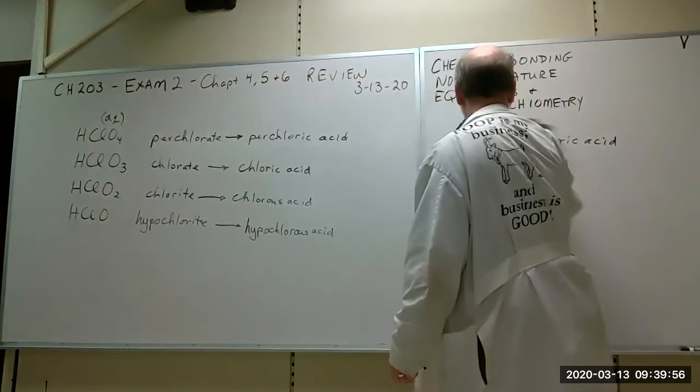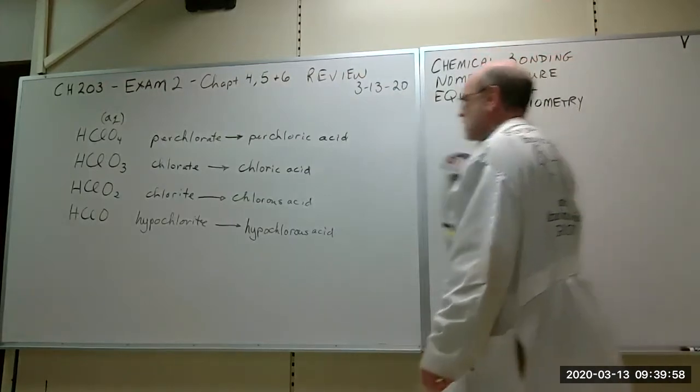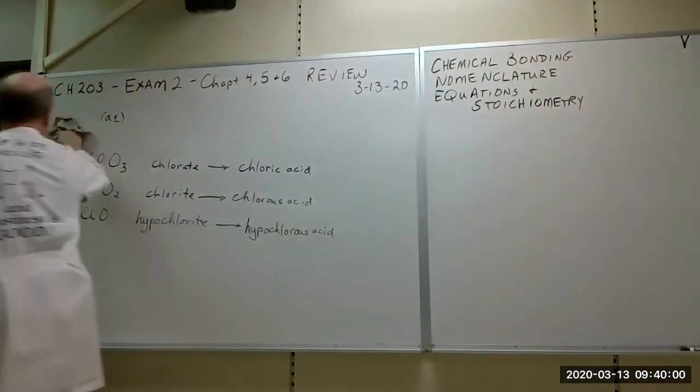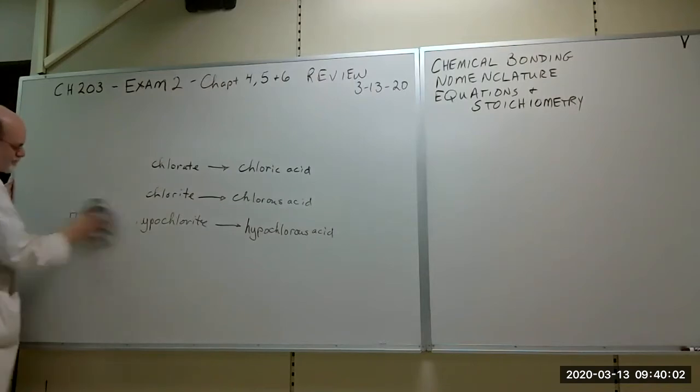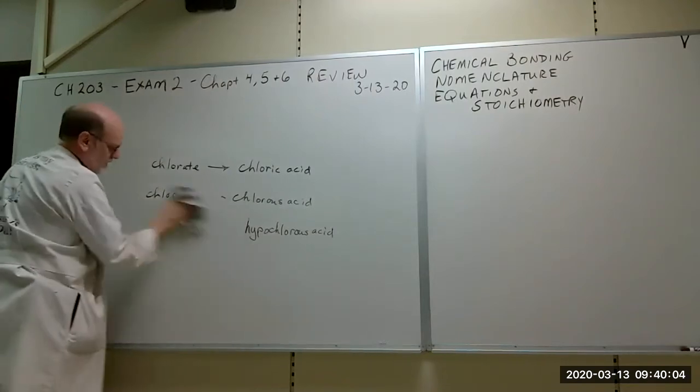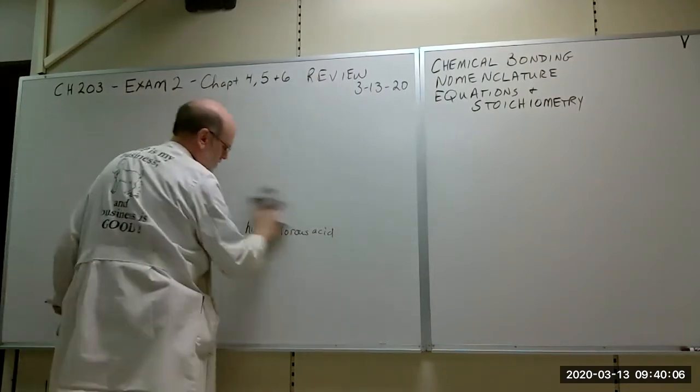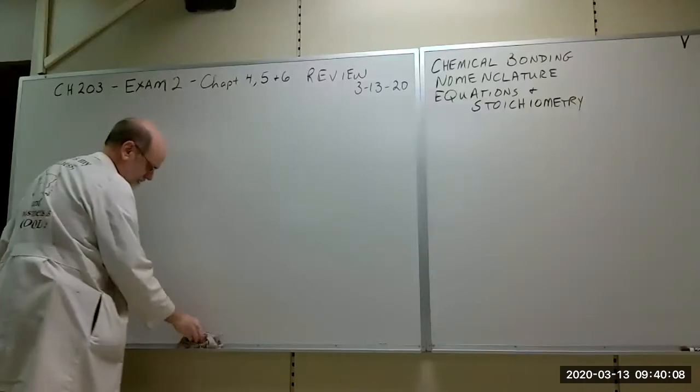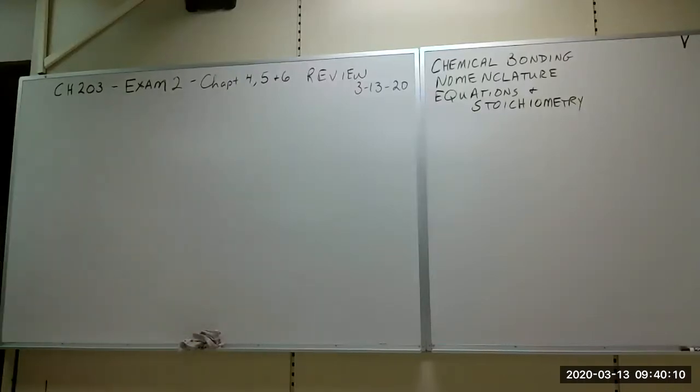How about, I noticed that we also talked about models. Like bonding models. And let's see, it's not in this one, it's in chapter 5. Geometries and polarities. Electronegativity.